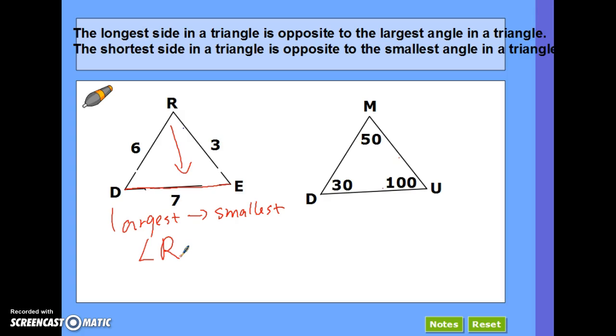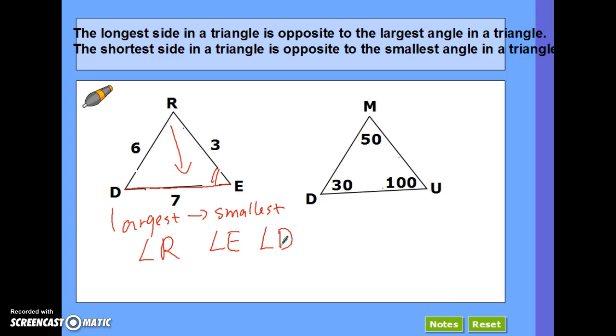And accordingly, angle E is facing the side measured 6. So angle E is the middle angle. And angle D is facing the side measured 3, which is the shortest side in this triangle. So angle D is the smallest angle in this triangle.